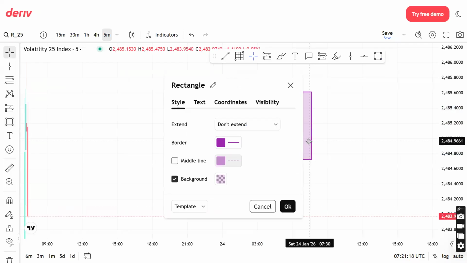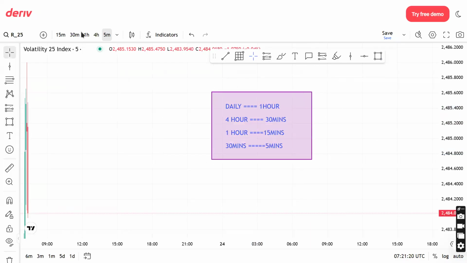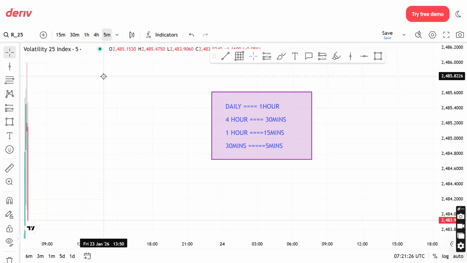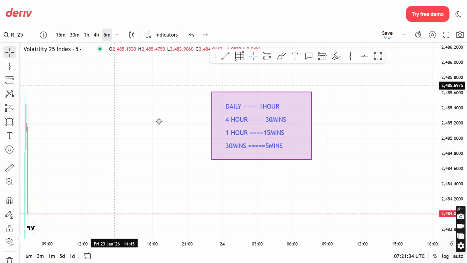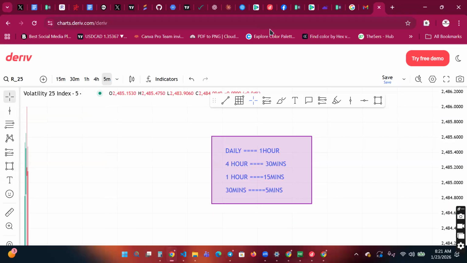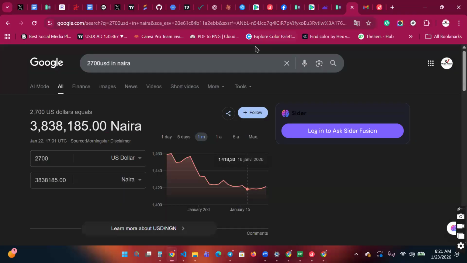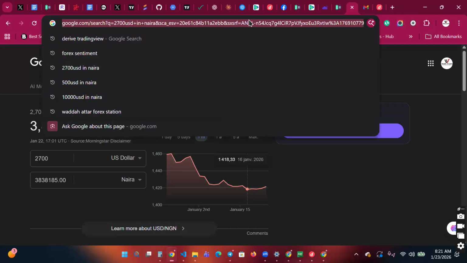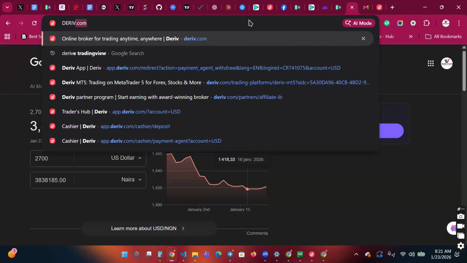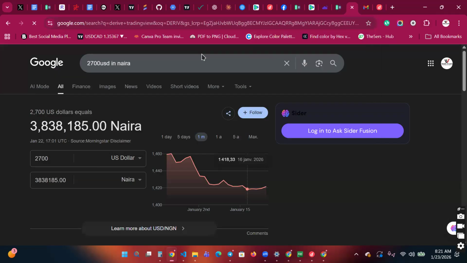Please note this is Deriv TradingView so that we can use more than two indicators. Remember, the normal TradingView might not give you access to this. So if you want to access this particular TradingView, just go to Google and search Deriv TradingView.